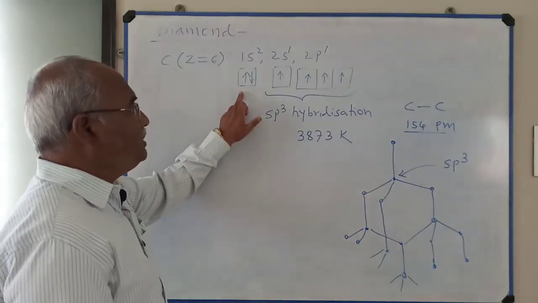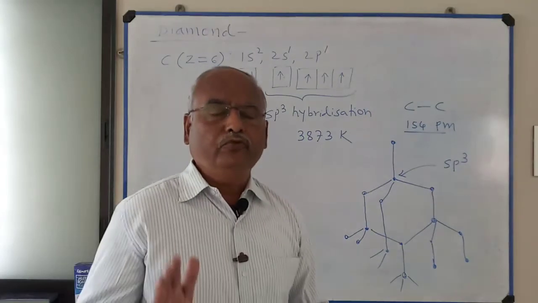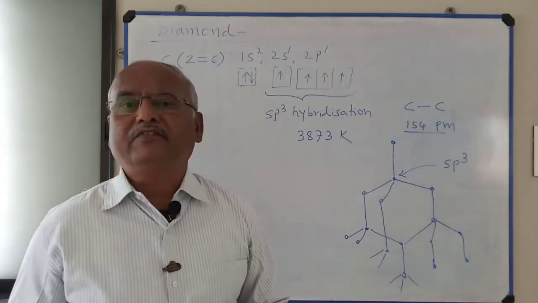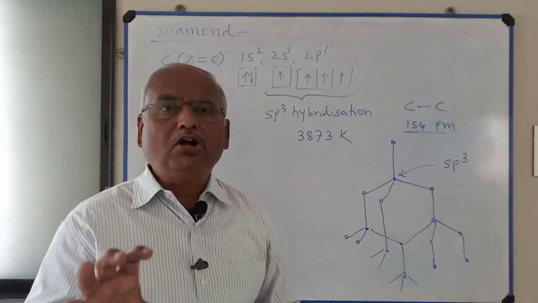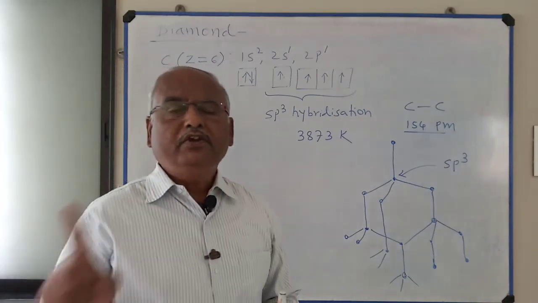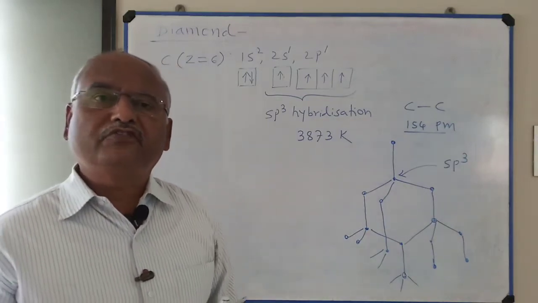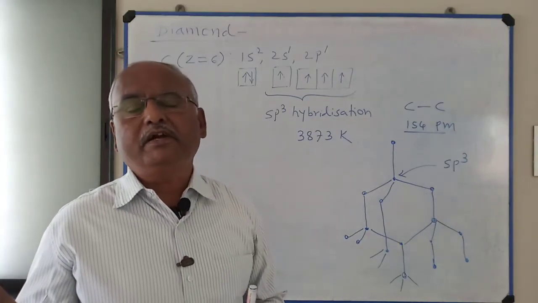This diamond is the hardest substance on the earth. It is used in cutting of glass, in rock drilling. It is used to prepare filaments of tungsten in electric bulbs.